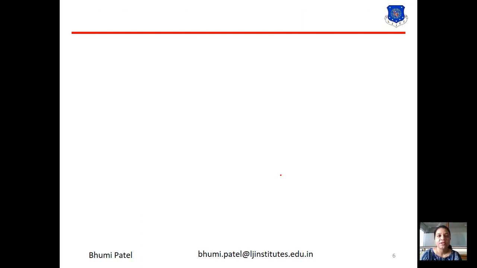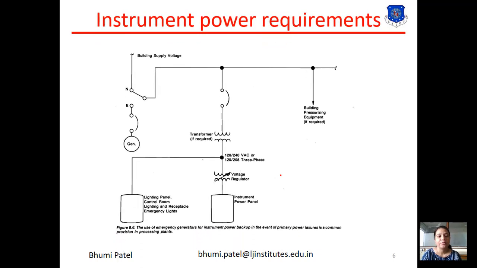Now the modification of this diagram: the instrument power panel is connected, and between the power panel and the input voltage we connect the voltage regulator. The second panel is the lighting panel, for control room lighting and emergency light, and between the building supply and the input voltage we can connect a transformer. Now a change: here we can use a generator.